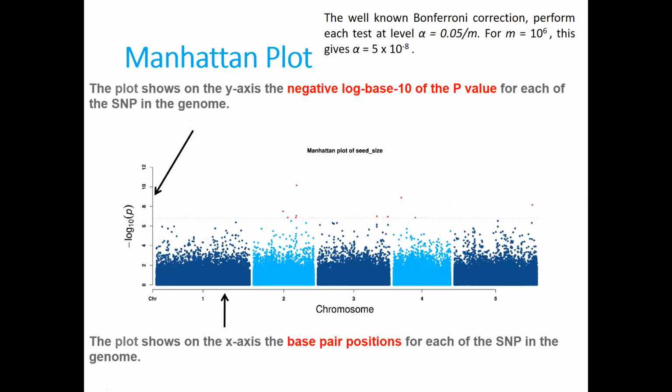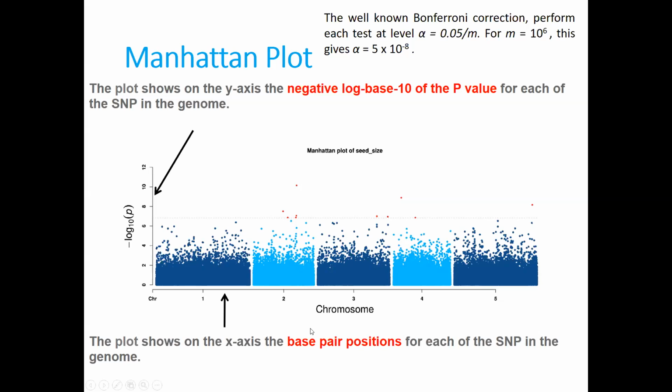The last slide shows a Manhattan plot of the GWAS result. Usually, when we have done the GWAS analysis, we will generate a Manhattan plot. The plot shows on the y-axis the negative log base 10 of the p-values for each of the SNPs in the genome.